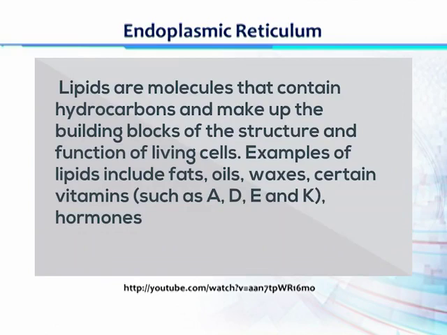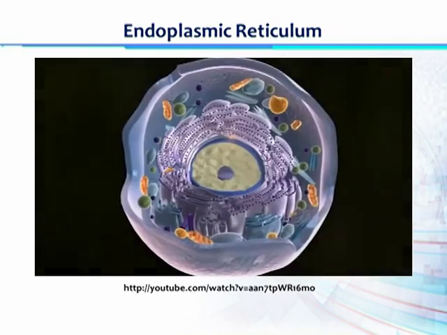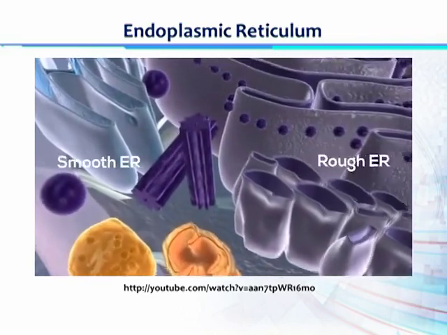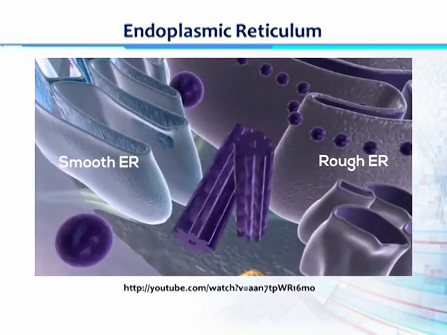The smooth ER will transport these lipids throughout the cell or will package the lipids in vesicles and release them into the cytoplasm. In summary, the ER is a transportation system used by the cell to create and transport proteins, enzymes, and lipids throughout the cell.